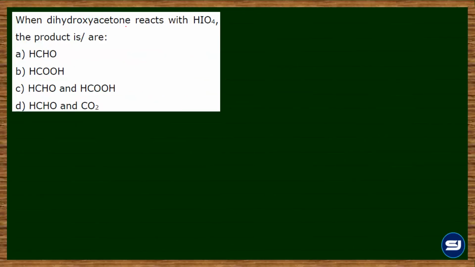When dihydroxyacetone reacts with HIO4, the product is R. Now this is related to the cleavage of CC bond of the glycol or the carbonyl on reaction with HIO4. So if you talk about glucose, then glucose has an aldehyde at the start. Then there are CHOH repeated 4 times, ending with a primary alcoholic group, CH2OH.